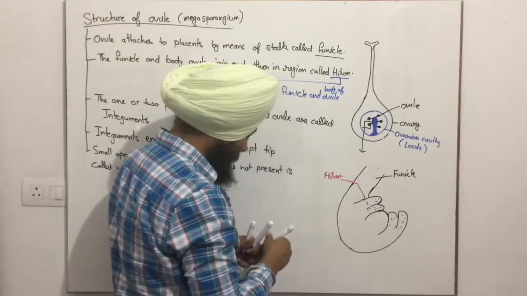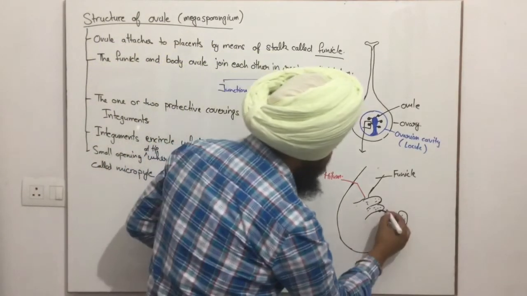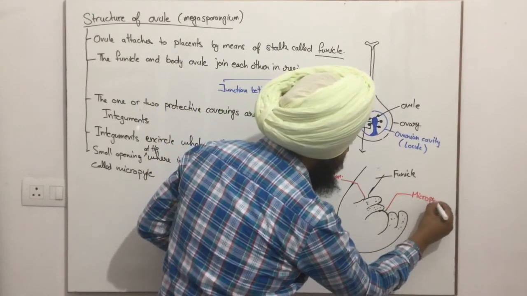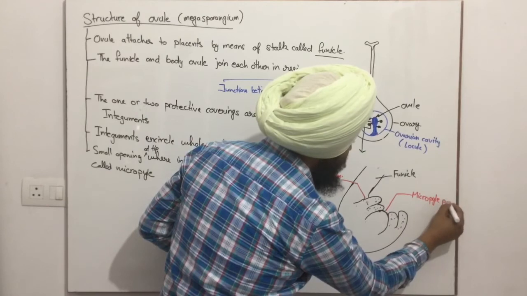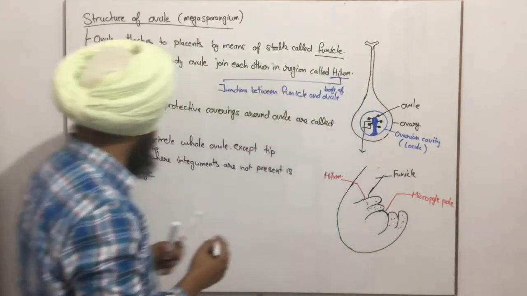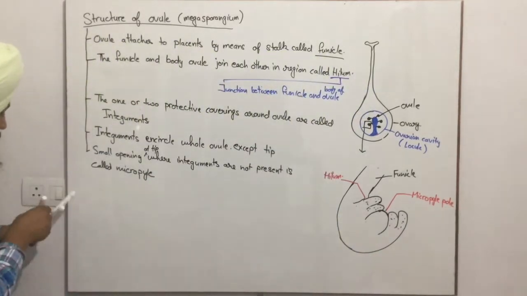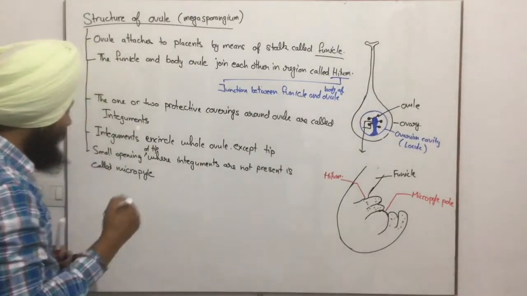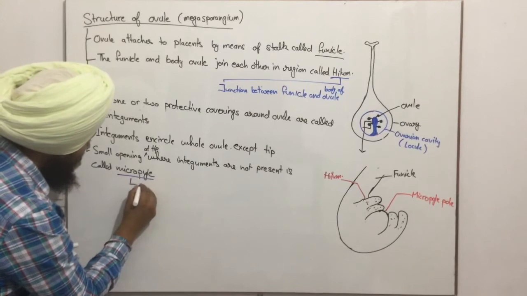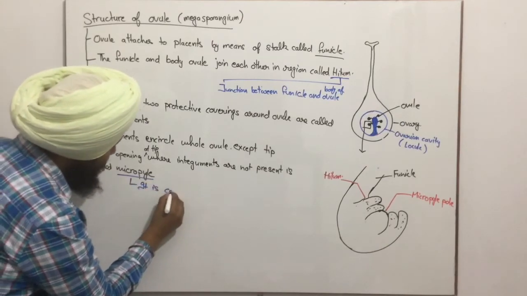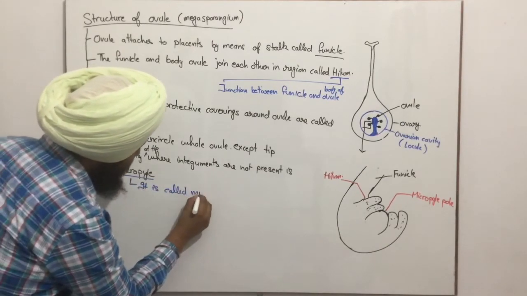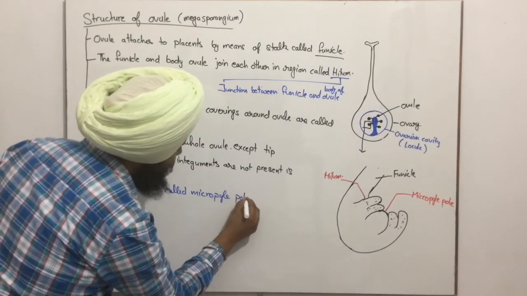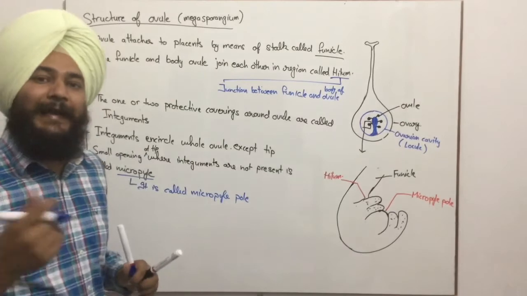So this is the micropyle or micropyle pore. This is the micropyle pore, okay. Or we can say this opening is called the micropyle, and it is called the micropyle pole, or it can also be called the micropyle end.